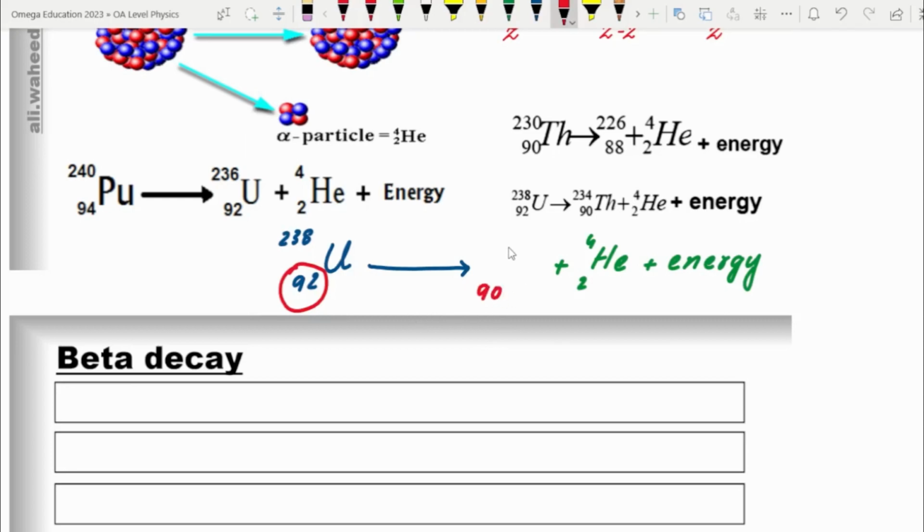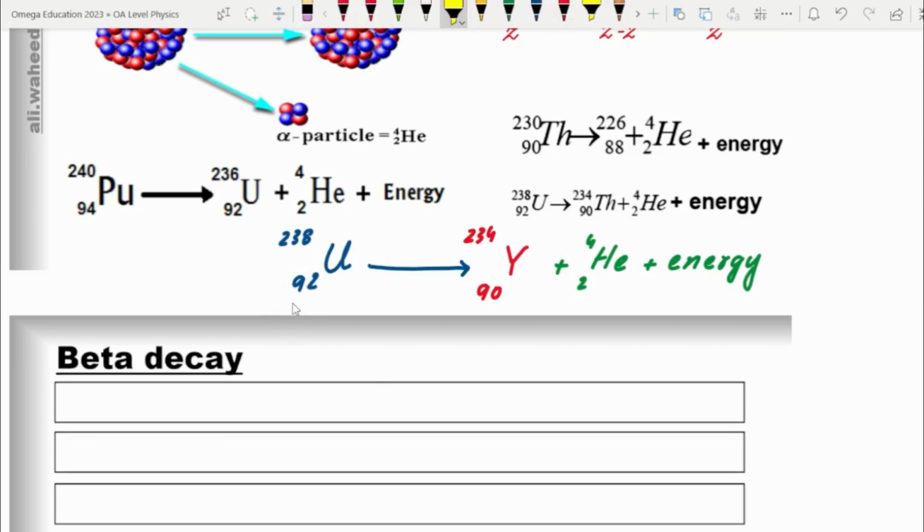Let's call the new element Y for the timing. So the new element Y has the atomic number 90, and then the atomic mass would be decreased by 4 units, and the new atomic mass would be 234. And you can check the equation as well.